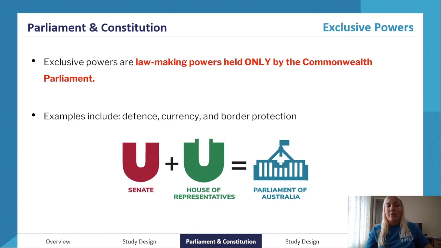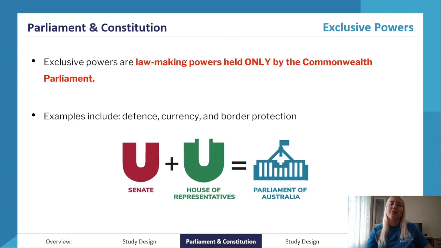Okay, so now exclusive powers are the lawmaking powers that are held only by the Commonwealth Parliament. In these areas, only the Commonwealth can legislate and the states cannot. The examples are really easy to understand and come up with. If you have a look at these examples, they're clearly things that the states shouldn't be able to decide.